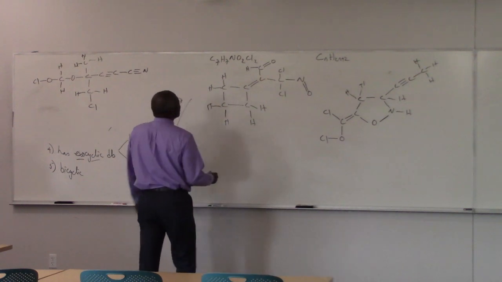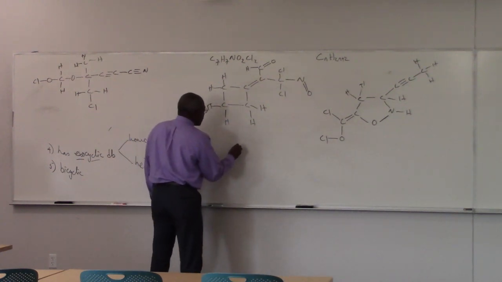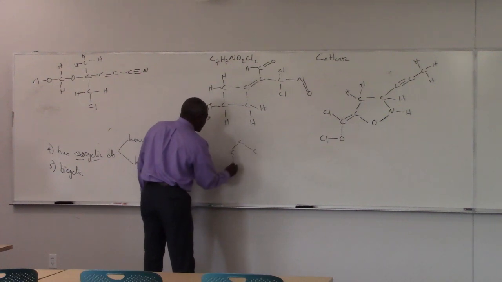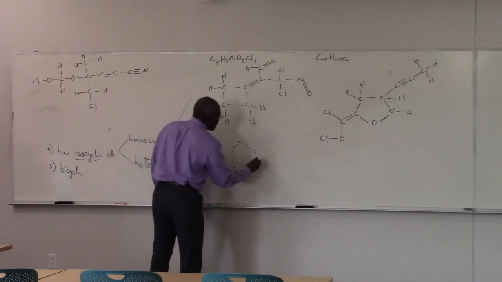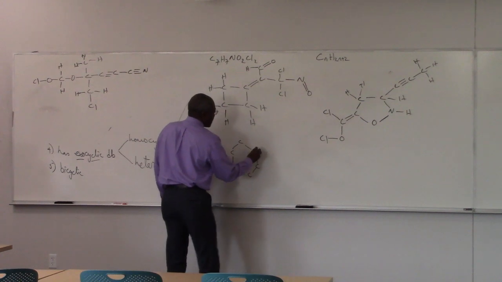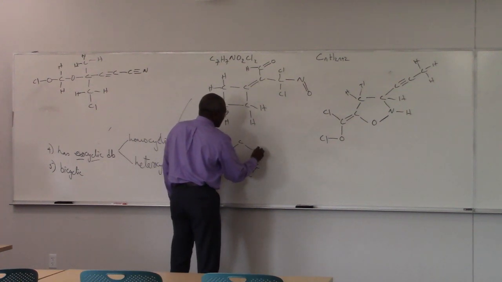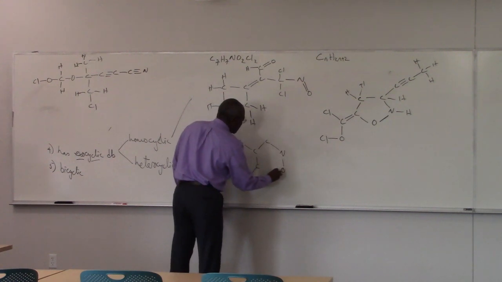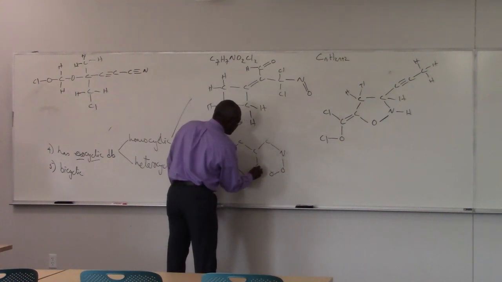So I'm just going to go ahead and cut to the chase. Why don't we do a carbon, carbon, carbon, carbon, carbon, carbon, and then let's do a carbon, nitrogen, oxygen, oxygen. Right.